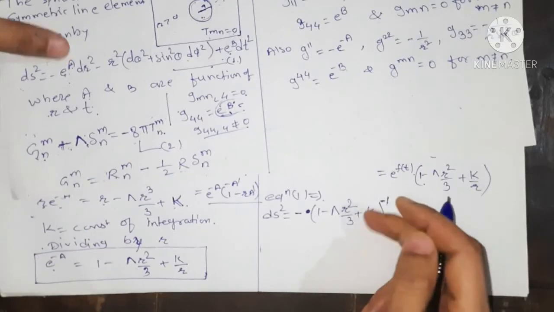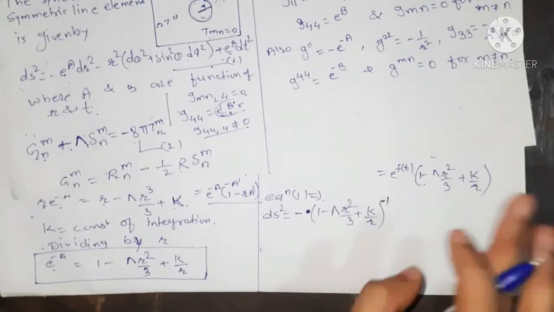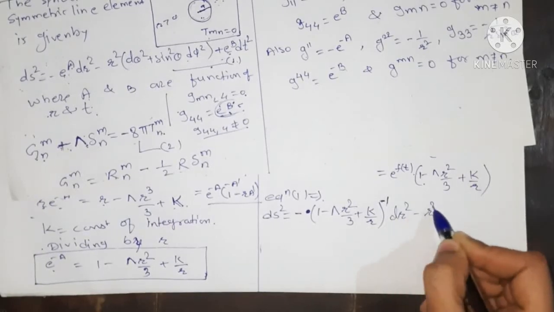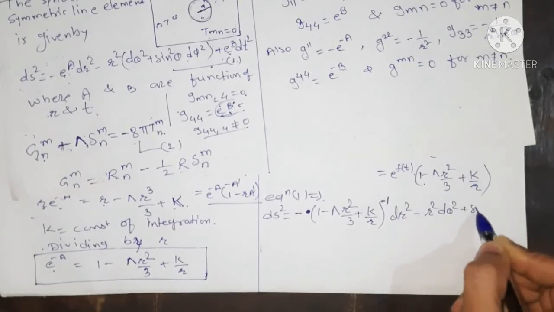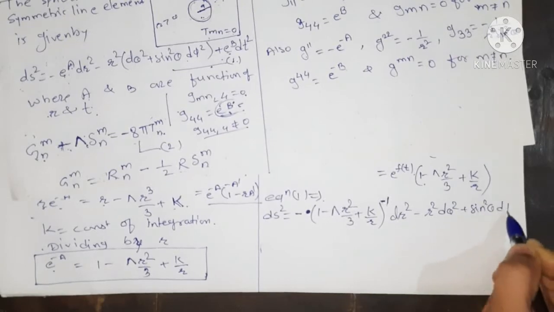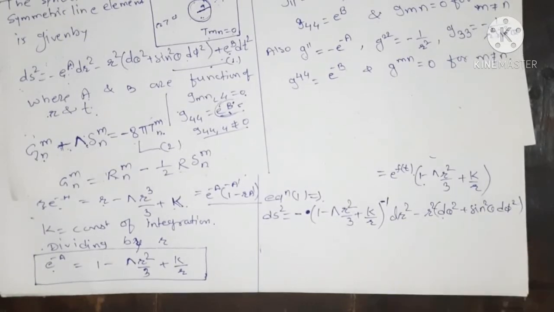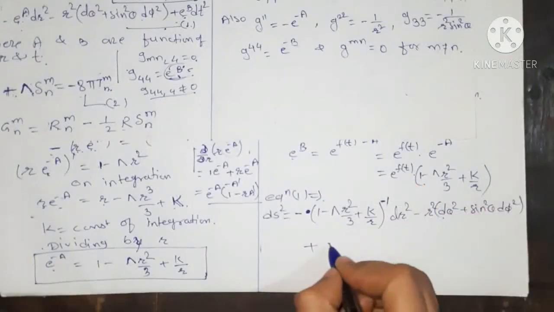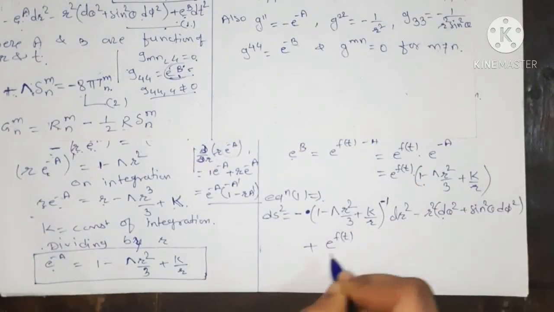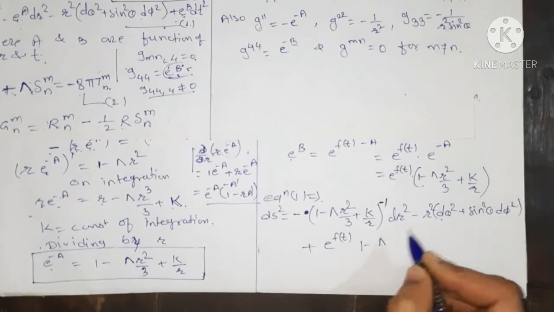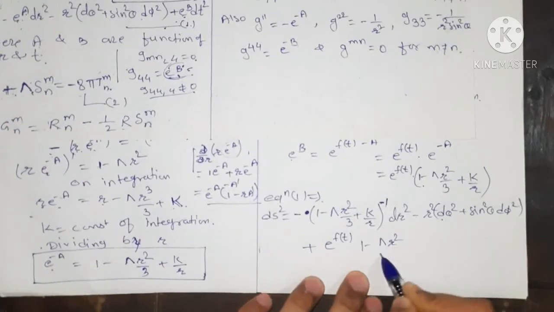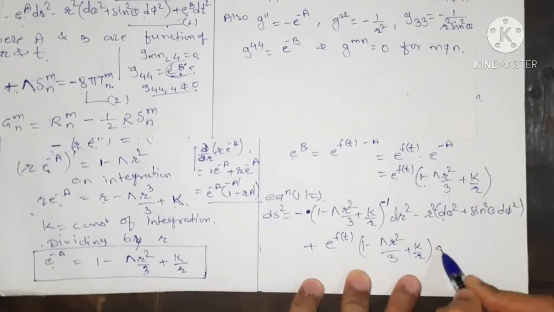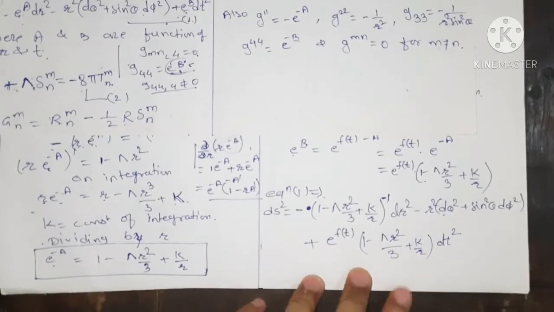So we take the inverse, or 1 upon this, dr square minus r square in bracket d theta square plus sine square theta d phi square, plus e to the power b. The value of e to the power b is e to the power f of t into 1 minus capital lambda r square upon 3 plus k upon r, into dt square.